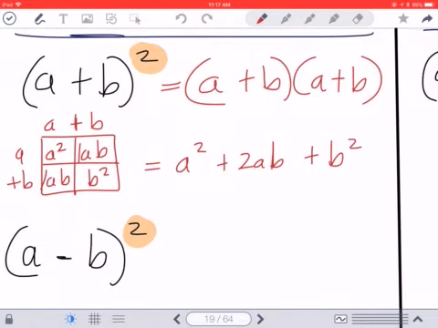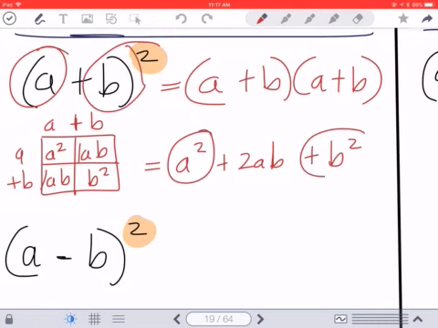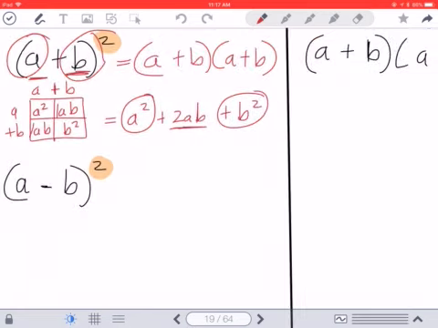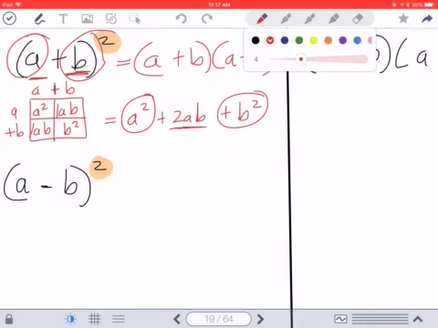So what did I really do here? Let's think about this. All I did was square this, a squared. I squared this, b squared. And then I multiplied a times b together and doubled it. So that's 2ab. And I could do the same thing with subtraction here.